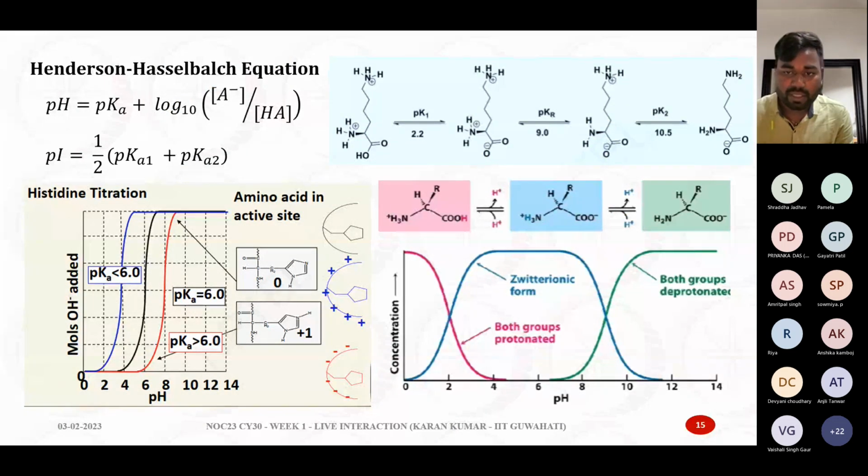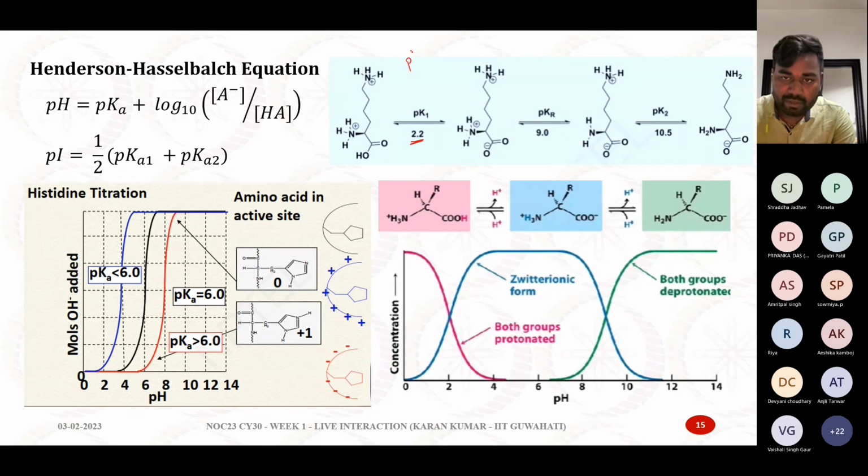Now let us check the titration of arginine. Let us say you have the amino acid arginine, and you are doing its titration. In arginine, pK1 is for the alpha carboxylic group, this is the alpha carbon, right?